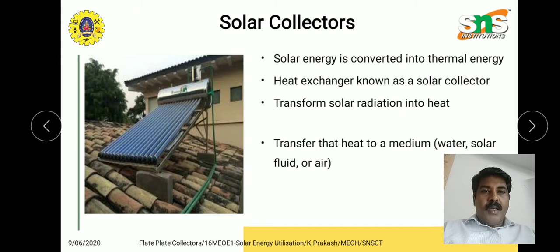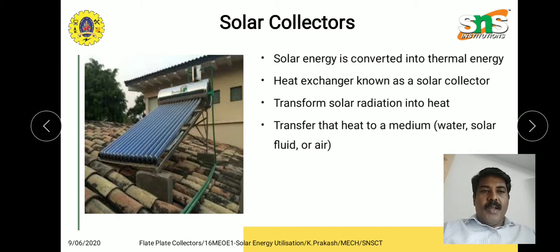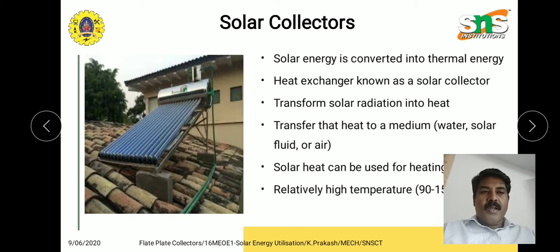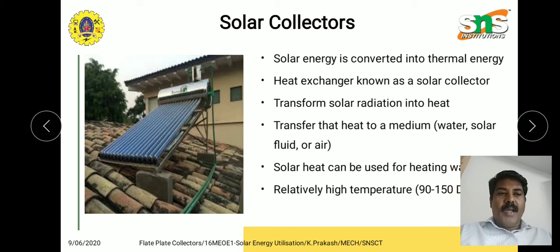The transferring medium can be water, a fluid, or air. Solar heat can be used for heating water, at temperatures relatively from 90 to 150 degrees Celsius. So a solar collector is a device used to heat the water with the help of heat exchangers, from the source available from the sun.